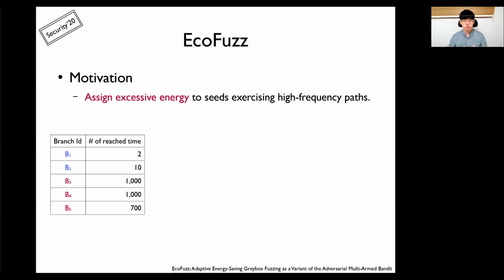The table shows the total number of times each branch was reached during fuzzing so far. And as you can see, the branch B1 is only covered twice so far, while the branches B3 or B4 are covered thousands of times during the fuzzing. That is, these branches are frequently reached branches.